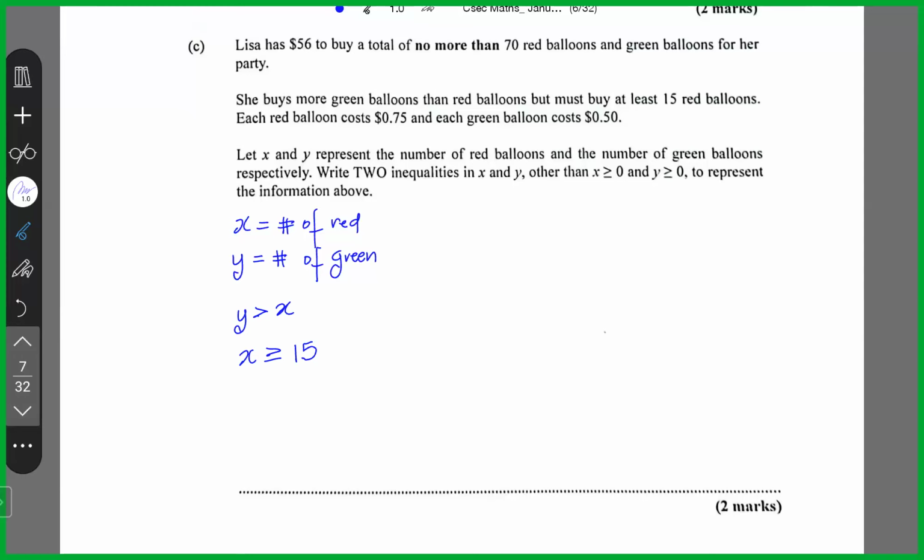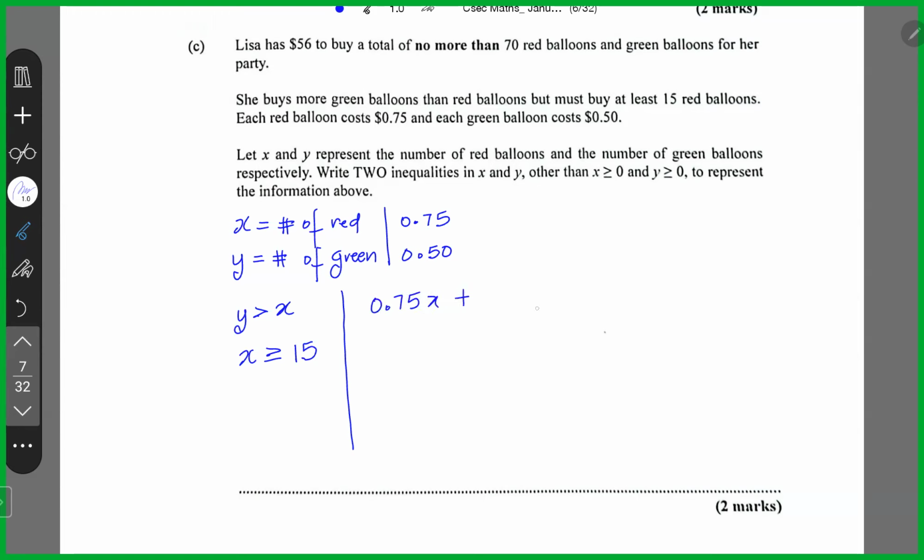Each red balloon costs 75 cents, and each green balloon costs 50 cents. So a third inequality that I could get from this is this. The question only asks for two. I bought X red balloons and each cost 75 cents, so I spent 0.75X.